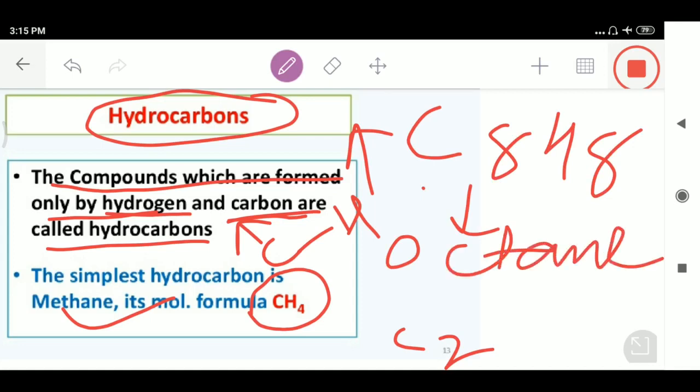So the most important natural resource of hydrocarbons is petroleum containing octane units, that is carbon in combination with hydrogen. That's why I told you that hydrocarbons are formed by the combination of hydrogen and carbon elements only.